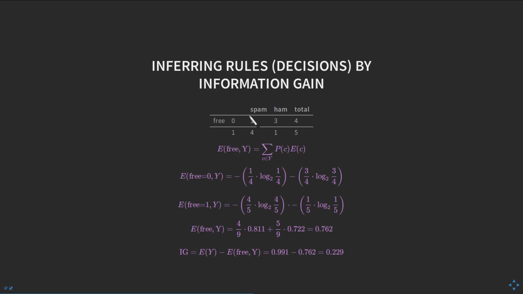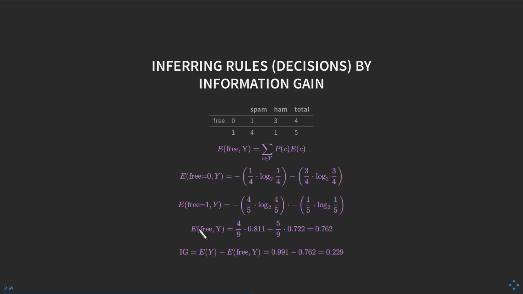Okay, so here we can see that for free 0, and this is the spam part, we have 1 over 4, and then for ham we have 3 over 4. Same here for free is 1, we have 4 over 5, and then 1 over 5, and then the weighting is the total.